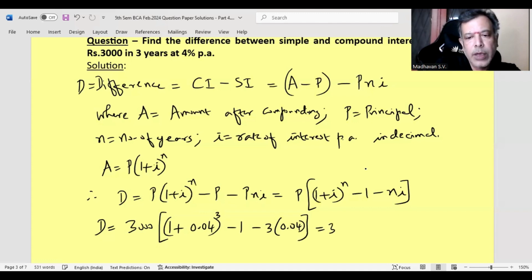So that is 3000 times 1.04 cubed minus 1 minus 0.12.